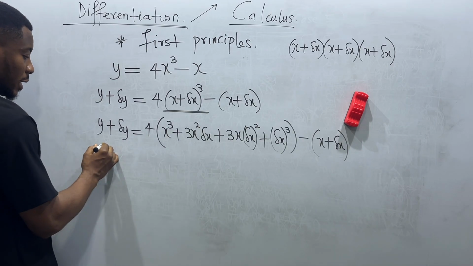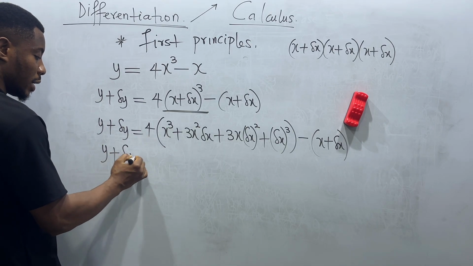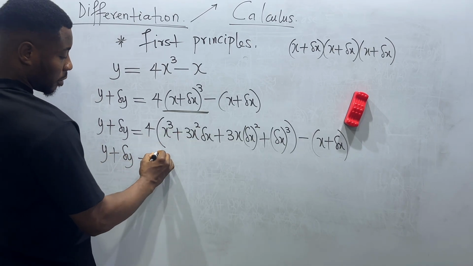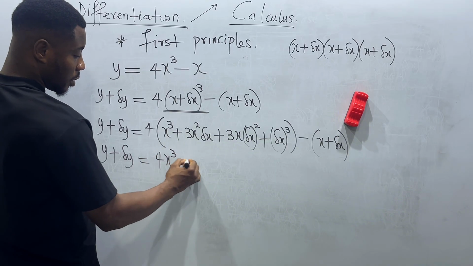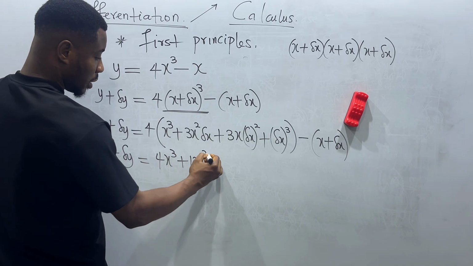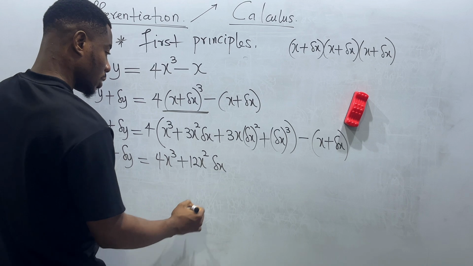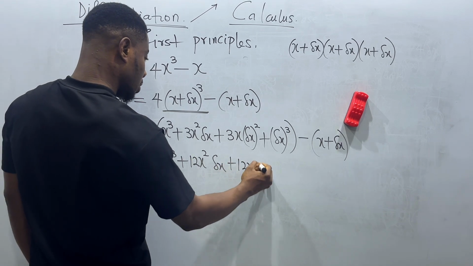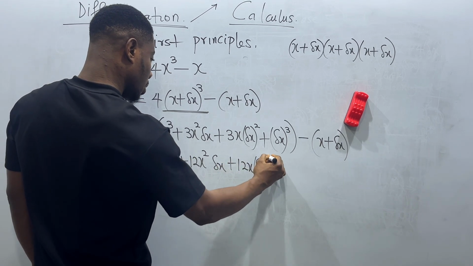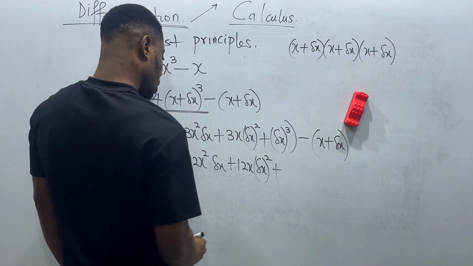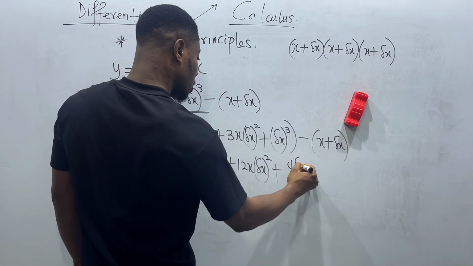So we can expand here. So we have y plus change in y is equal to, if I open bracket, I'll be having 4x cubed plus 12x squared change in x plus 12x change in x squared plus 4 change in x cubed.